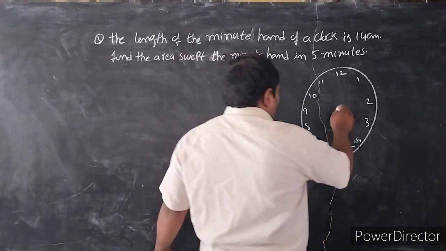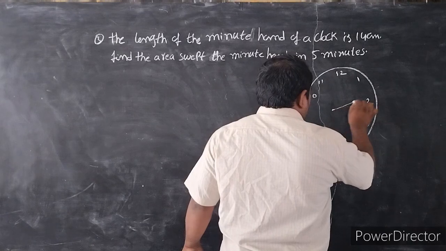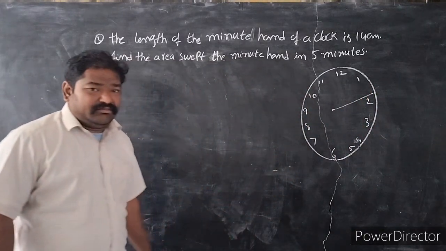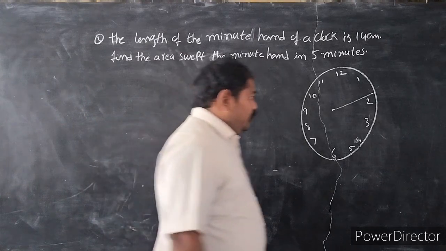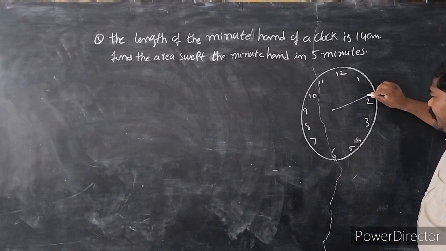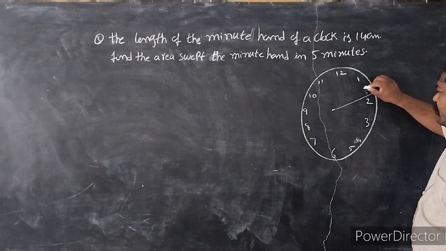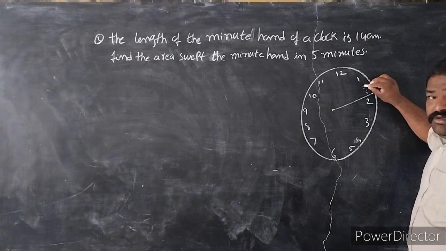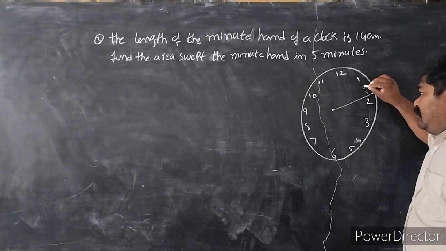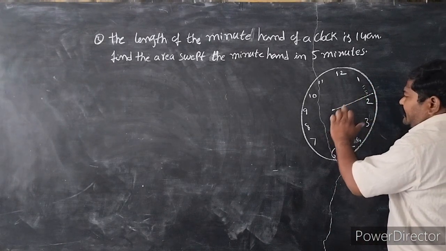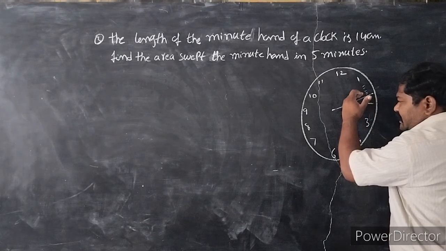For this clock, the minute hand is almost equal to the radius of the clock. Why do we take it so? Because the minute hand will completely touch the seconds points.